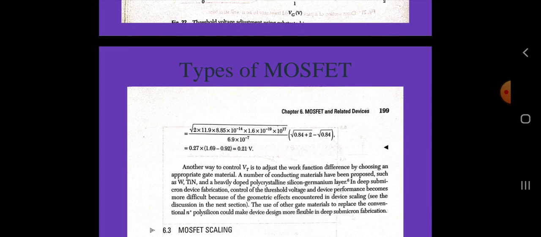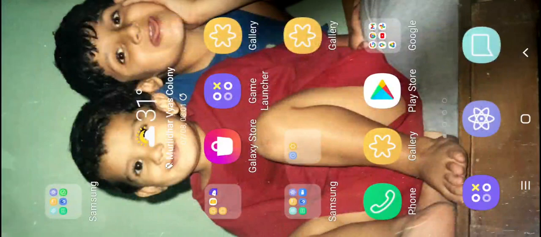See the discussion in the next section, which we will be discussing in the next class. Using another gate material to replace the conventional N plus polysilicon could make device design more flexible in deep submicron fabrication. So this is all we have to talk about today.